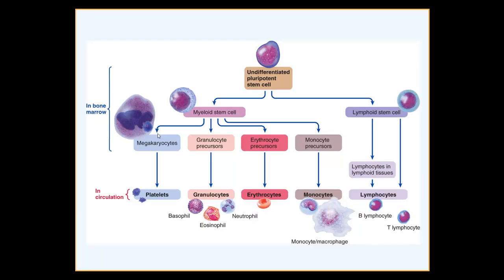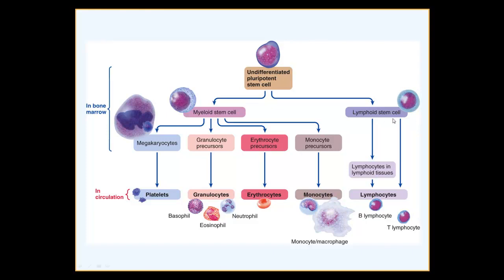So again, just to summarize things that we will cover when we get to the blood chapter, I want you to realize that the lymphocytes originate from a certain lineage of the hematopoietic stem cell, which will give rise to the lymphoid stem cell.